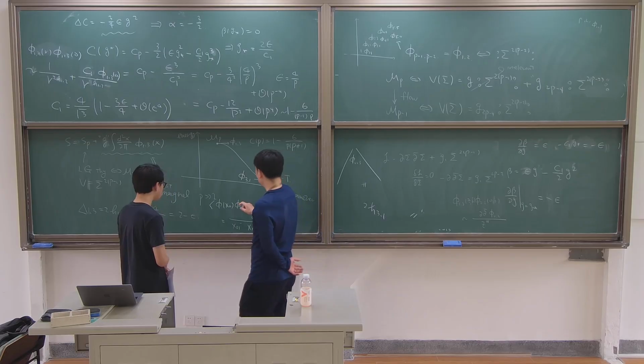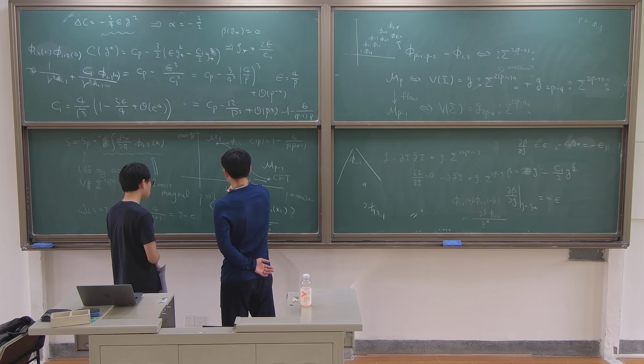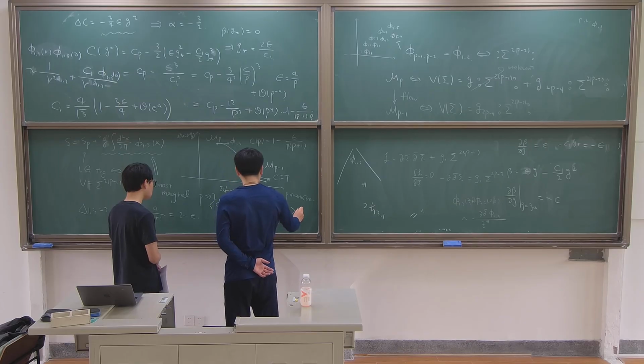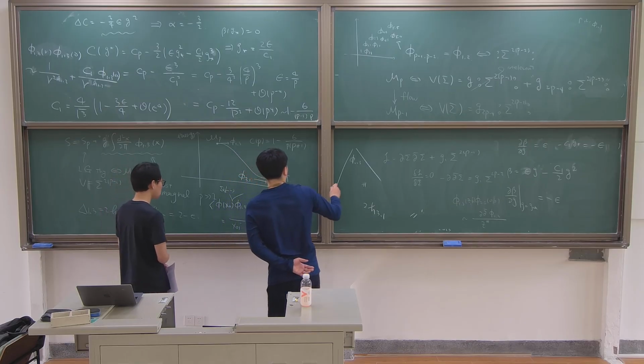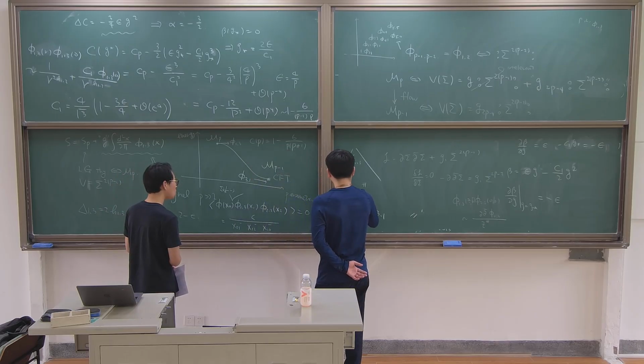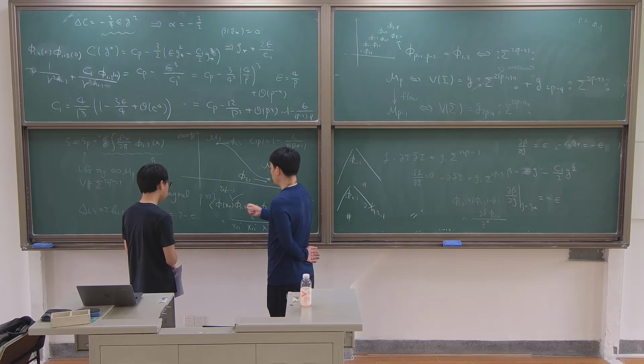Therefore, if you have a singular vector, you have some combination of L minus lambda acting on this one equal to 0. The same thing happens here. So if you start with phi 2 2, it has some singular vector in the conformal family. That's how we define this primary state. And then this will give you a differential equation.